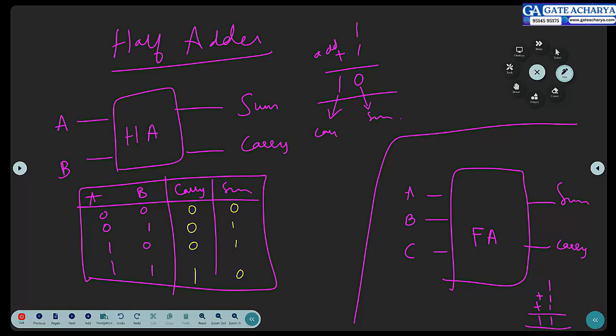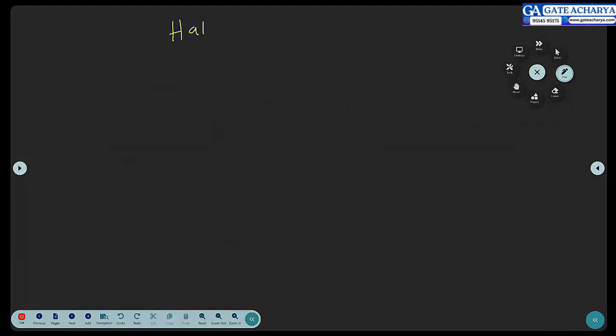Next is half subtractor and full subtractor. Half subtractor, full subtractor.